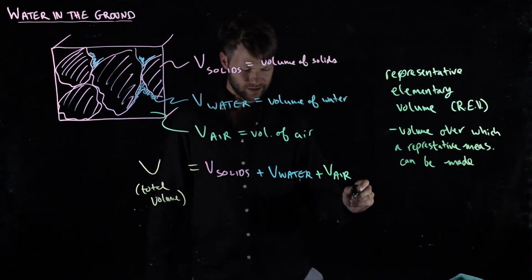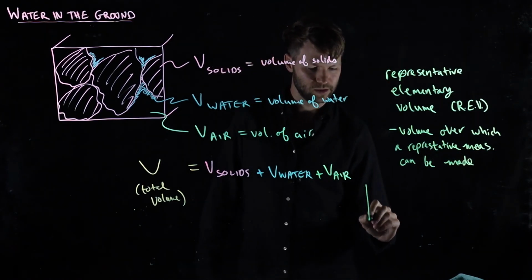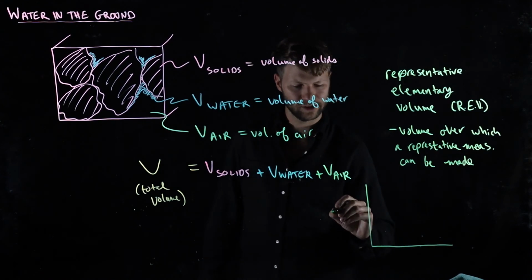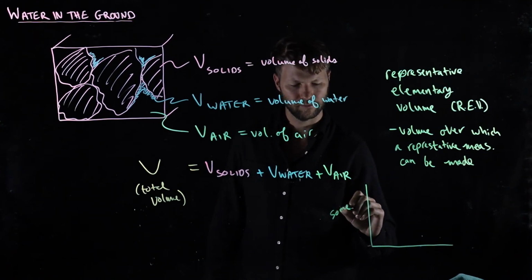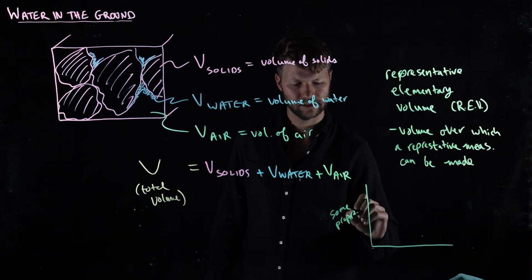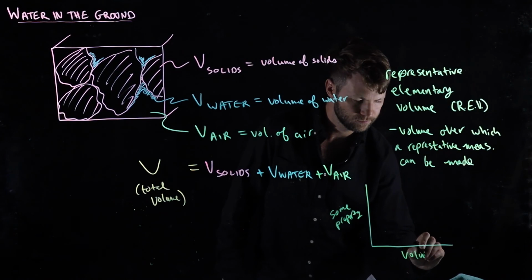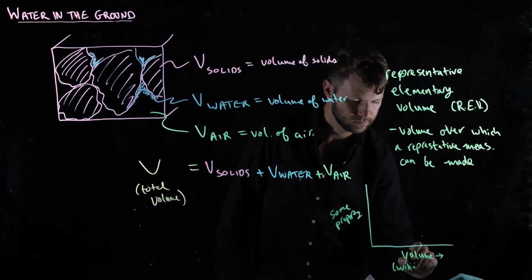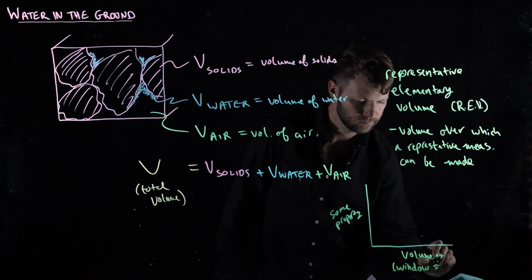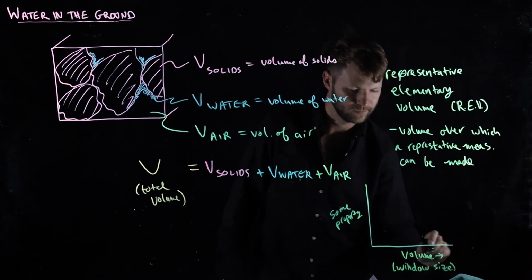And we can illustrate this probably most clearly with a plot. So imagine that we're measuring some property. Maybe it's porosity or density. Doesn't really matter. And this is the volume or window size over which we're measuring.